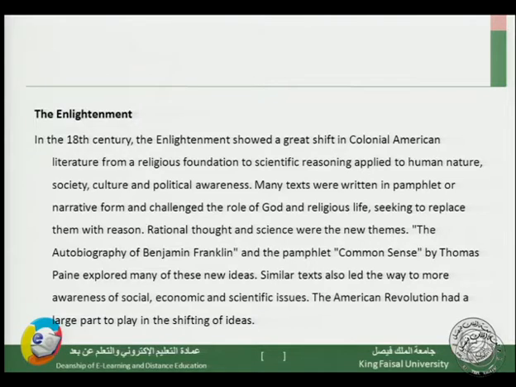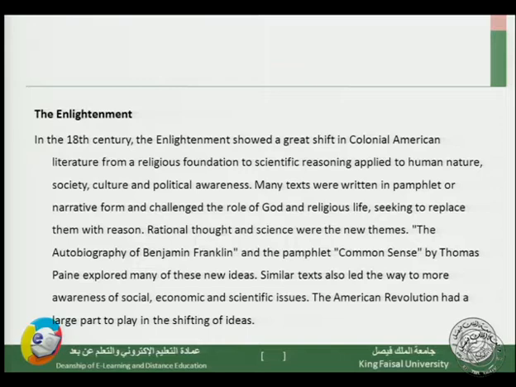Okay, this is the role of the Enlightenment movement. Challenging the role of God and life, just not having everything judged by religion and through religious people.